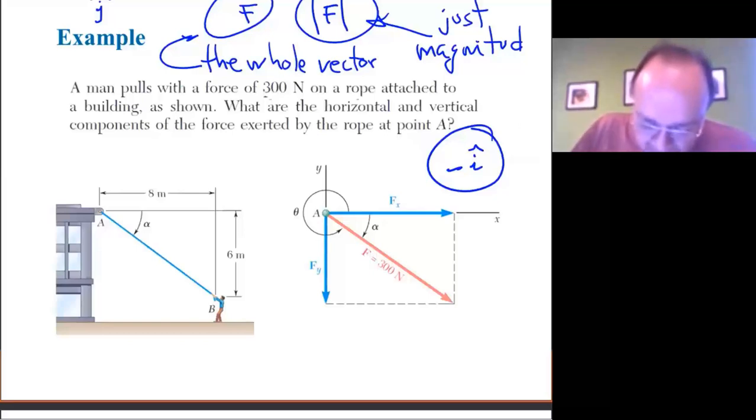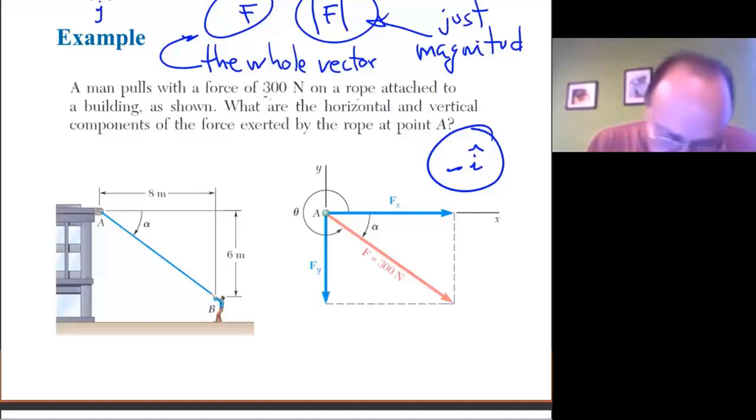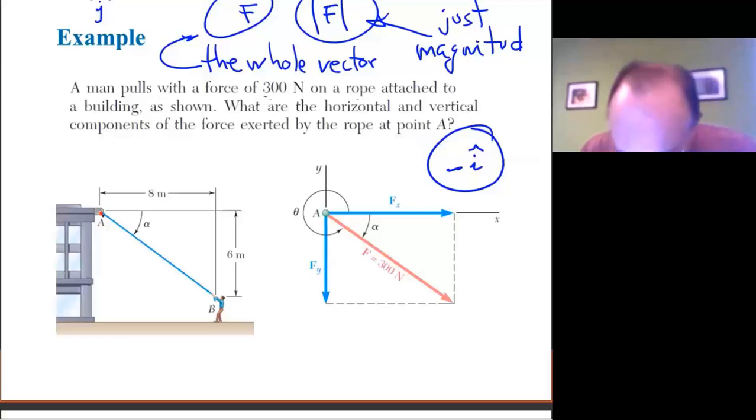What are the horizontal and vertical components of the force exerted by the rope at point A? So here at point A, the rope is going to be applying a force in this direction, and the force is 300 newtons, right?